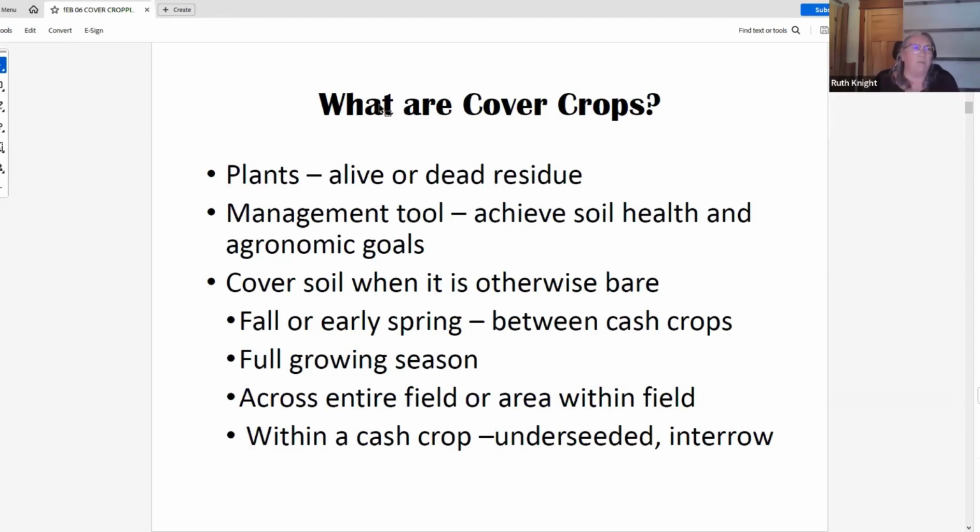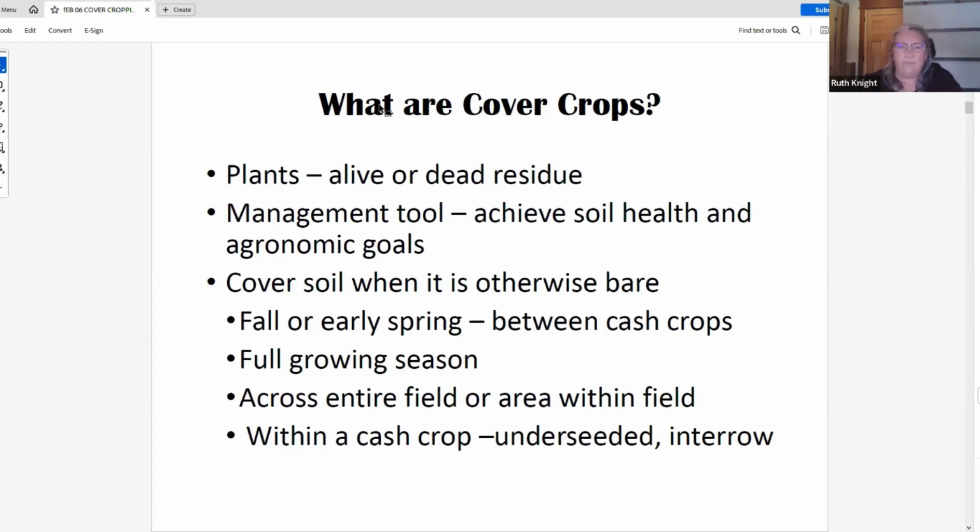So cover crops, basically, they include plants that are alive or dead residue. And why plants are so important here is they are the mechanism that connects the air to the soil, which brings in carbon and creates that whole carbon cycle and food for microbes, which is a central component in terms of soil health and what we're managing in our agroecosystem.